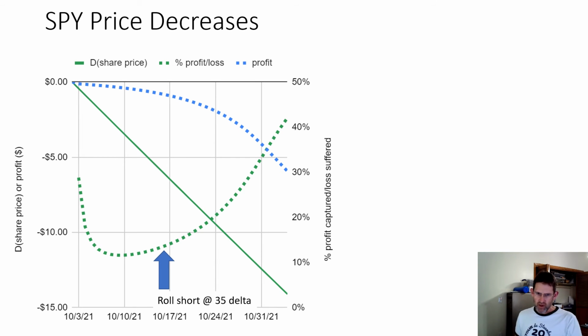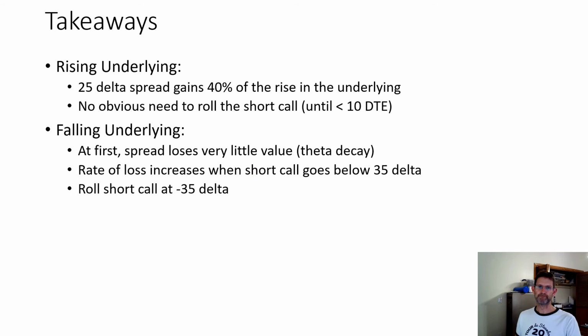And where I put the arrow here on October 16th, that's when the short call hits about minus 35 delta. So this is actually when I tend to roll short calls, when they get to about minus 35 delta, hopefully not that much lower. But you can see that the P&L really deteriorates if you let it go much further.